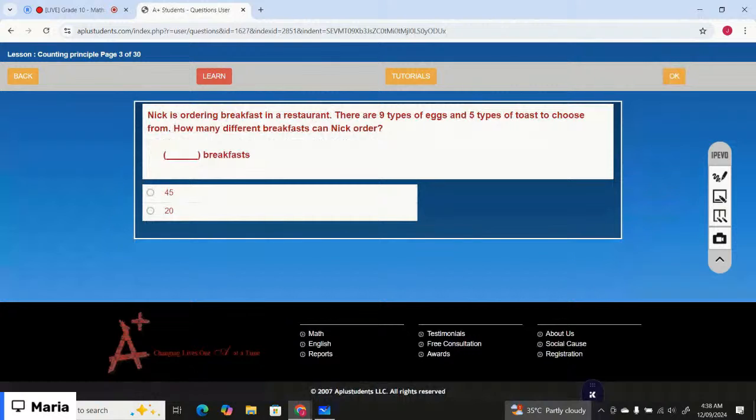Nick is ordering breakfast in a restaurant. There are 9 types of eggs and 5 types of toast to choose from. How many different breakfasts can Nick order? So which is the correct option?